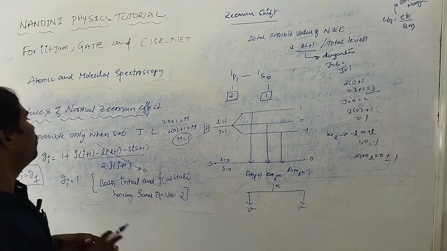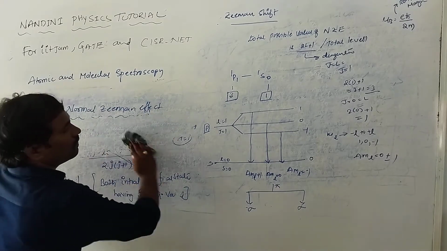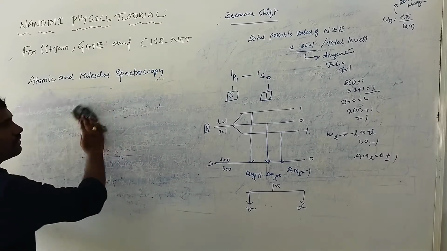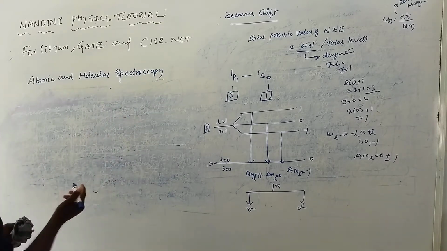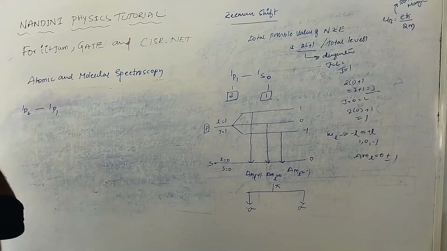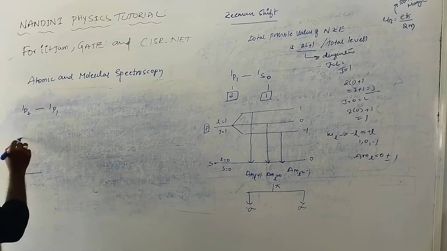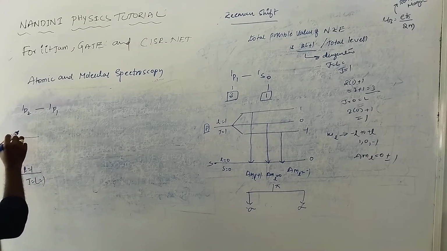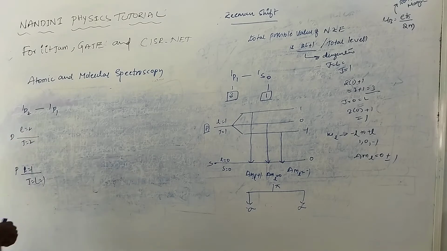If you see the block diagram for the same configuration and same spectral term, 1D2 to 1P1: in the P state L is equal to 1 and J is equal to L, so J is only 1, and in the D state also J is equal to L, and J is equal to 2 only. Why? Because the states are same.